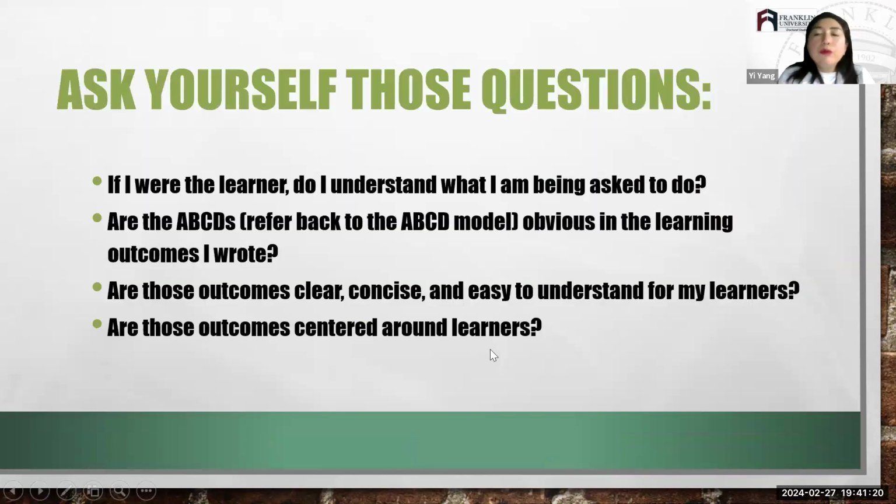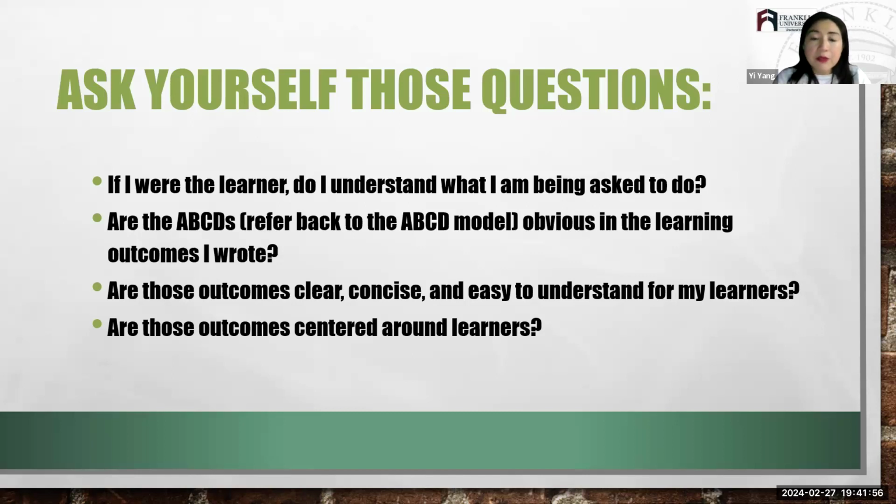Now, when you write outcomes, ask yourself these questions, okay? First, if I were the learner, do I understand what I am being asked to do? Second, are the ABCDs, the audience, behavior, condition, and degree, obvious in the learning outcomes I wrote? Third, are those outcomes clear, concise, and easy to understand?